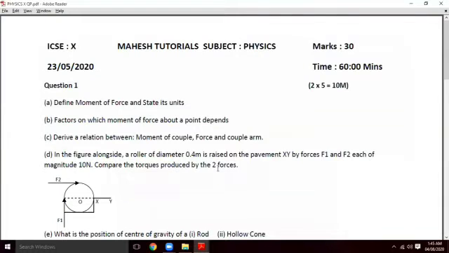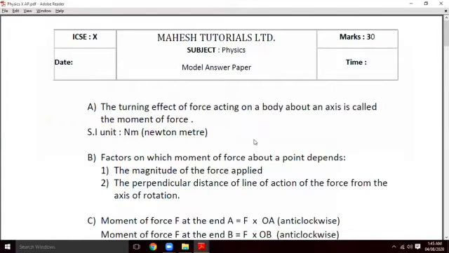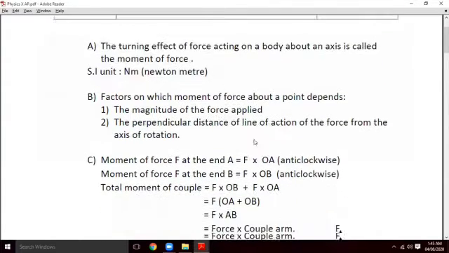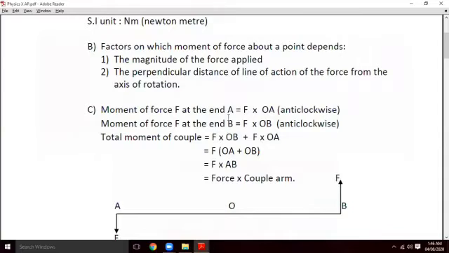We go now to the third question. The third question was again a derivation between the moment of couple, force, and couple arm. It's a very short derivation as we see it. Moment of force formula is F into the perpendicular distance.